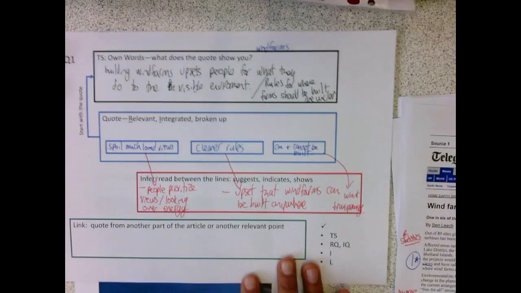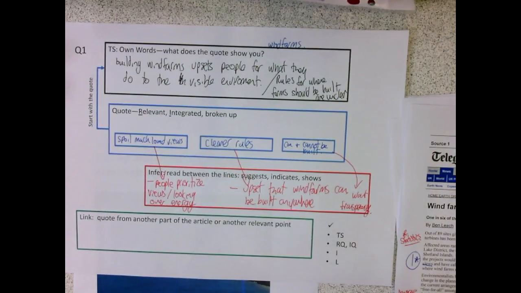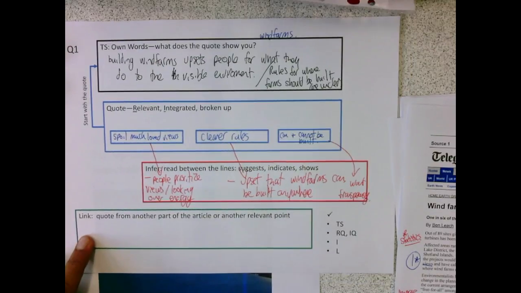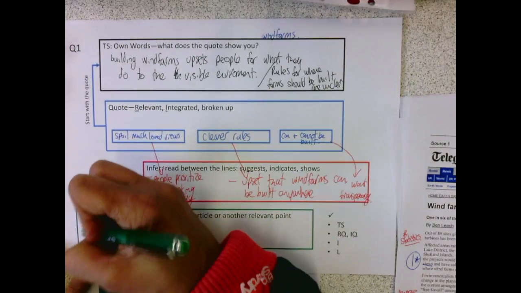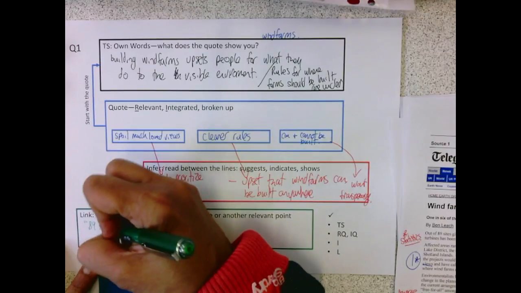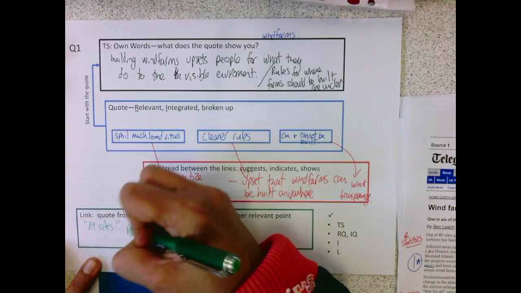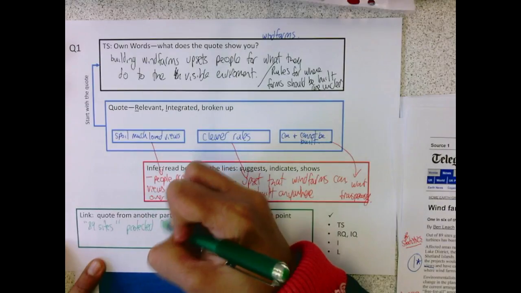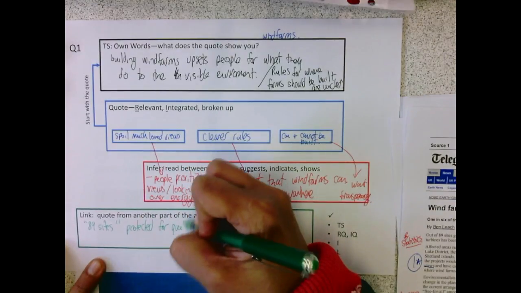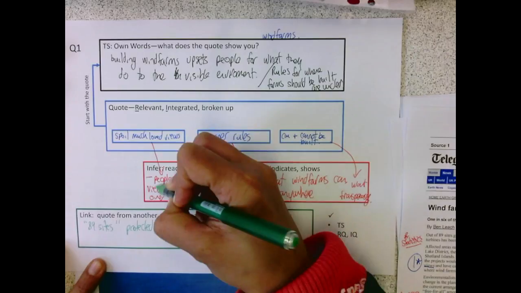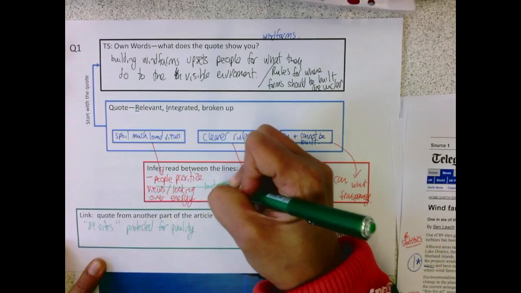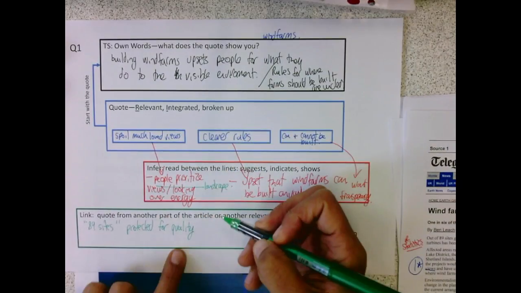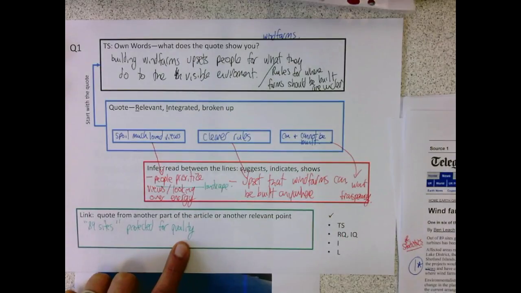Okay? And if I link this, I can link this already to the first paragraph, which is 89 sites protected for quality landscape. That's the word I was looking for. Landscape. 89 sites protected for quality landscape.